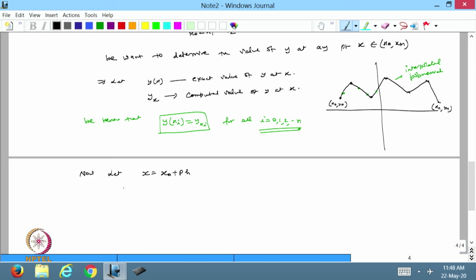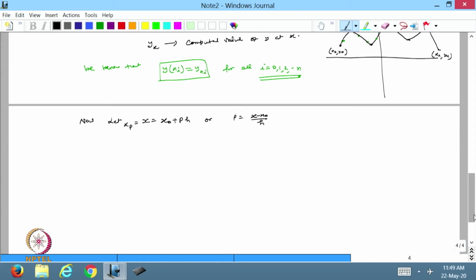I introduce a variable p; h is already known to me, and x0 is the initial point of the data, and I call this point xp. From here I can say that my p is equal to (x minus x0) by h. So, this p I am introducing.